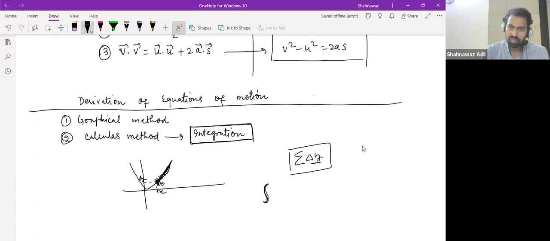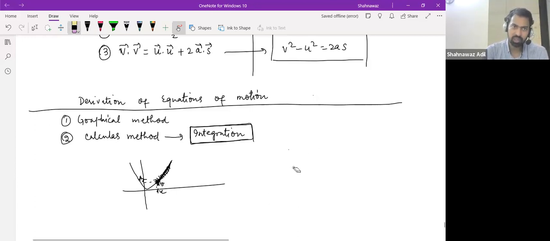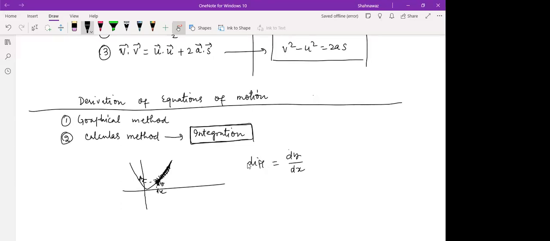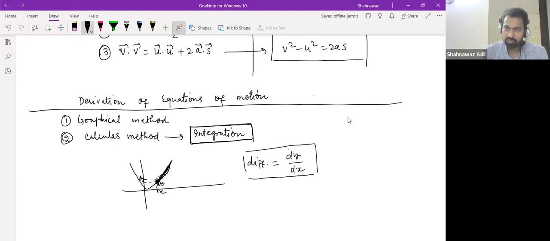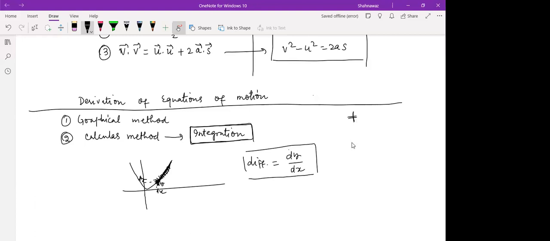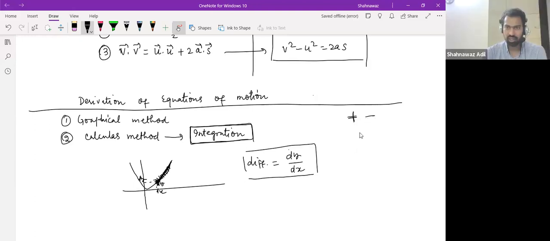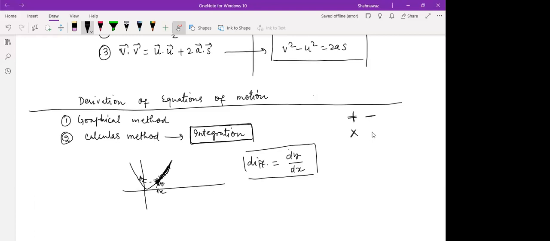So we had this differentiation, right? We have addition, and what is the opposite of addition? Subtraction, right? And we have multiplication. What is the opposite of multiplication? Division.